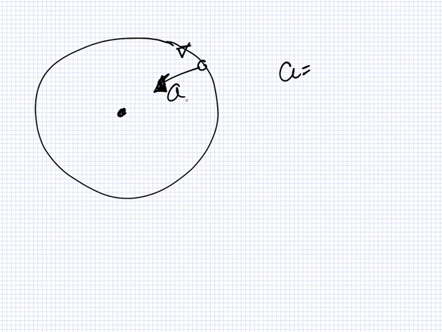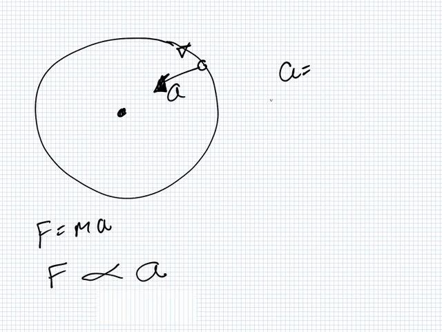So, this a, we know that F equals ma, so the F is proportional to the a. Meaning, if the a is big, the F is big. Okay? So think about it. If you're moving in a circle, what things would make the a bigger? Well, the same things that make the F bigger.